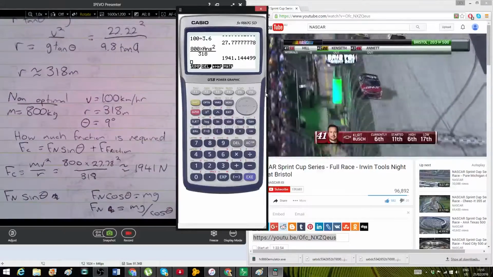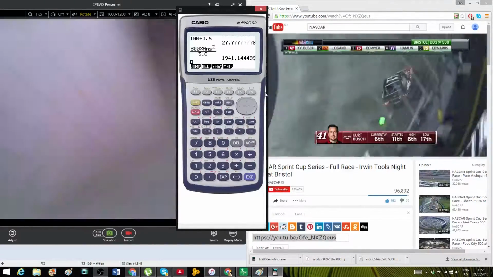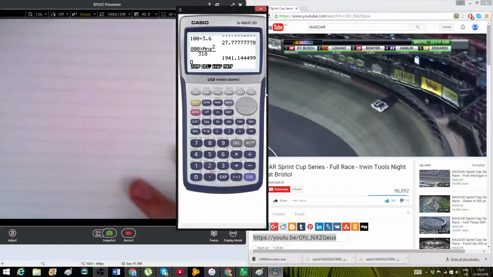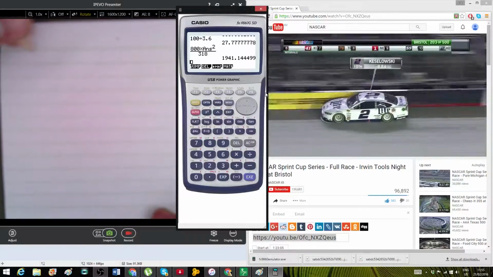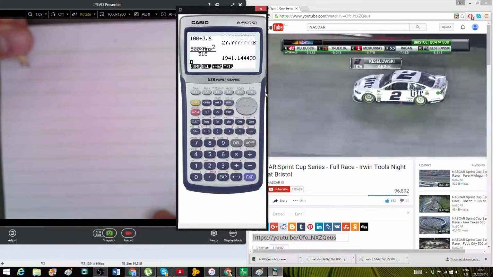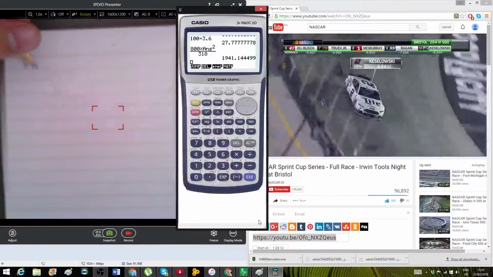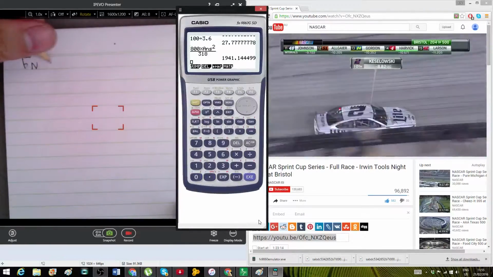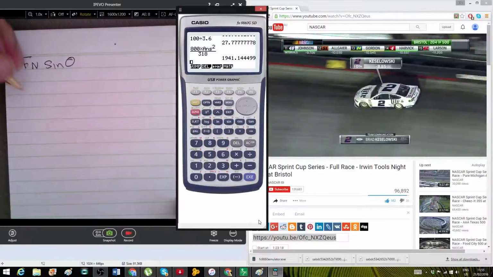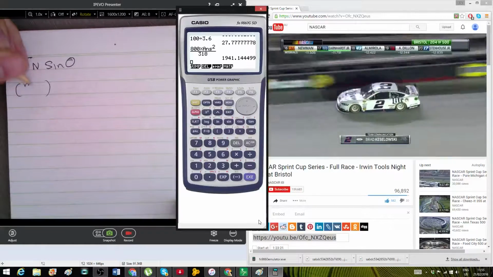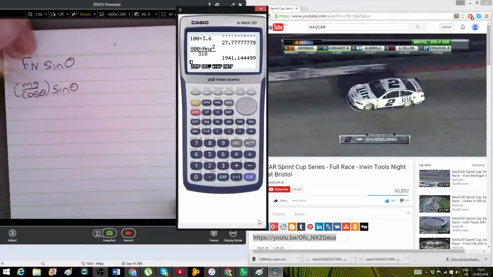Okay, got that. Now let's go to a new page. So there's the top. Fn sine theta, we'll substitute what we just discovered. Replace Fn with mg over cosine theta, times sine theta.